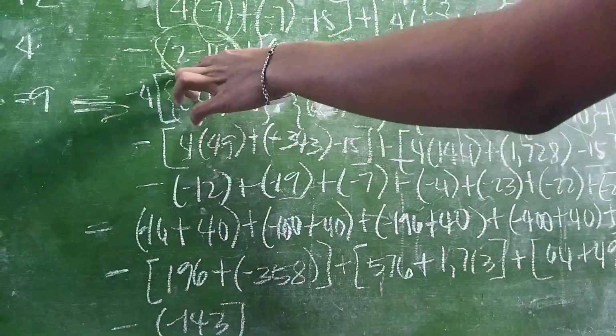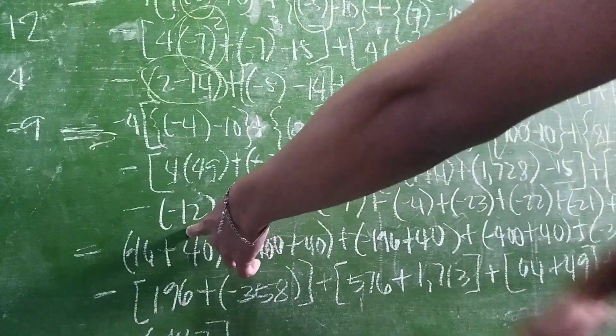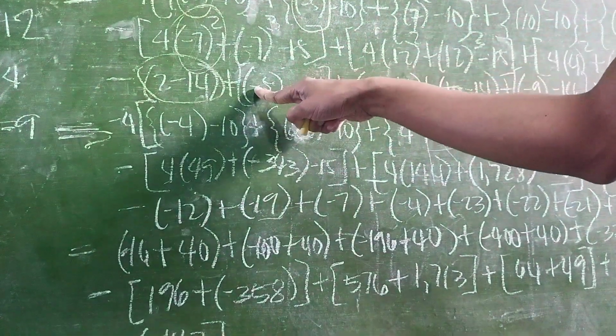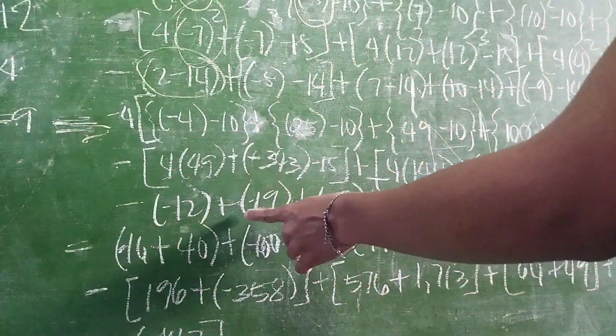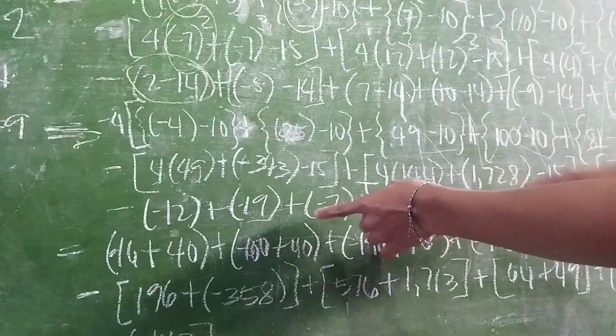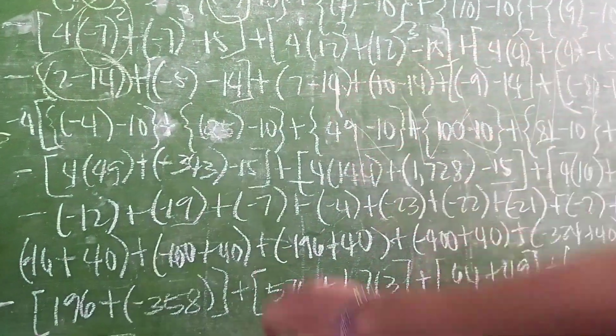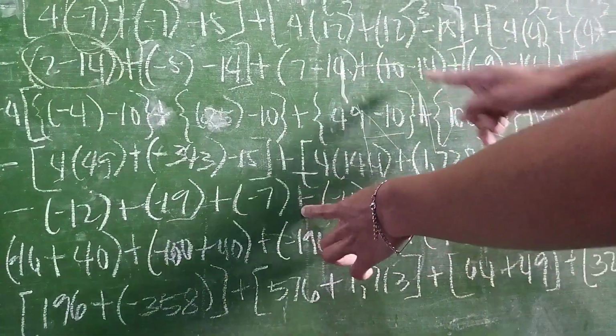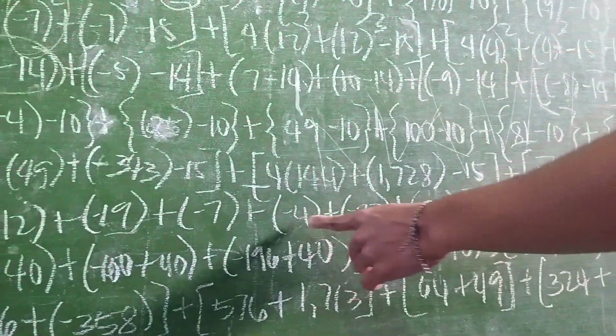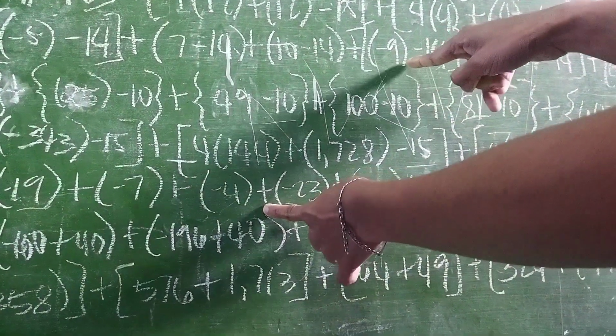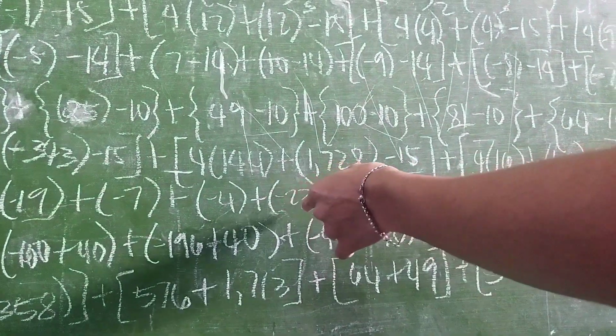So 2 minus 14 is negative 12. Negative 5 minus 14 is equal to negative 19. And then 7 minus 14 is equal to negative 7. 10 minus 14 is equal to negative 4. Plus negative 9 minus 14 is equal to negative 23.